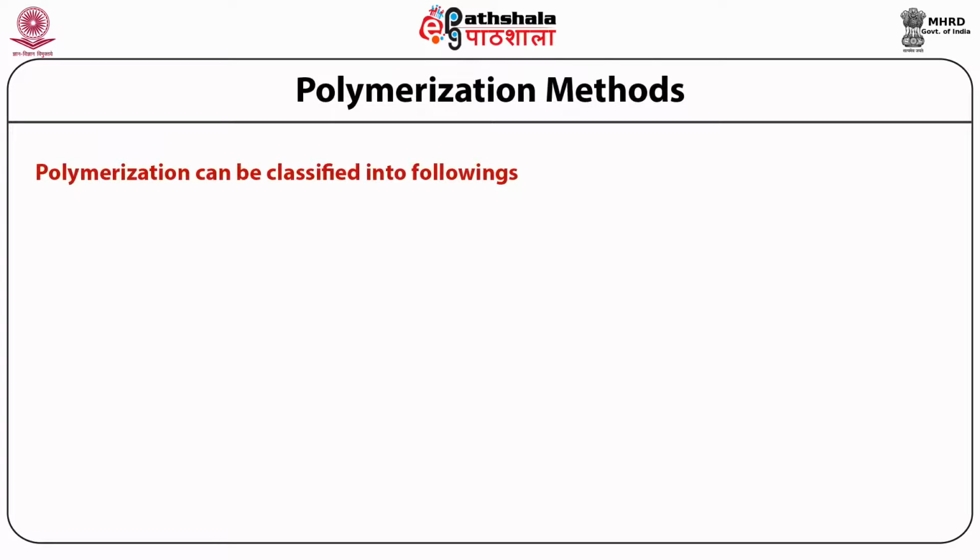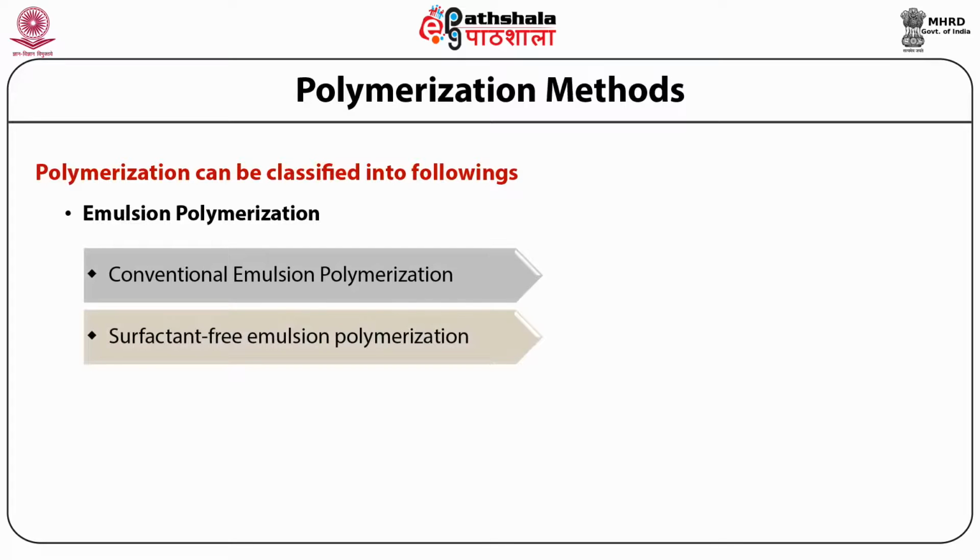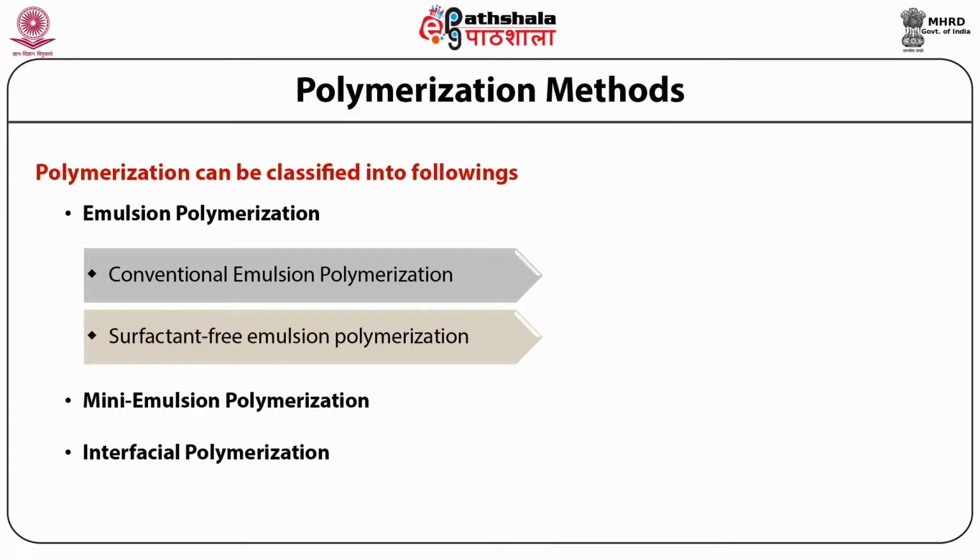Polymerization methods can be divided into various types. First, emulsion polymerization, which is again divided into two: conventional emulsion polymerization and surfactant-free emulsion polymerization. Second, mini emulsion polymerization, and third, interfacial polymerization.